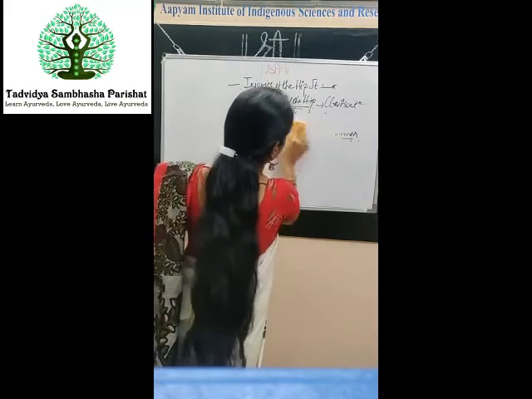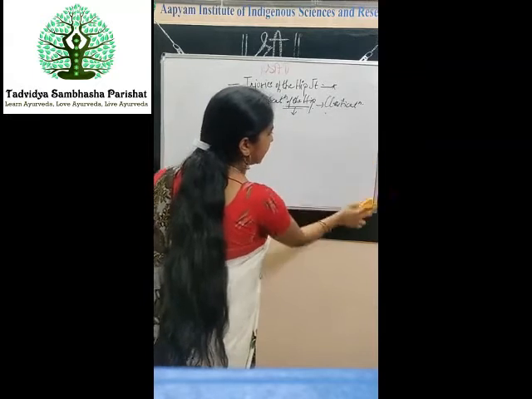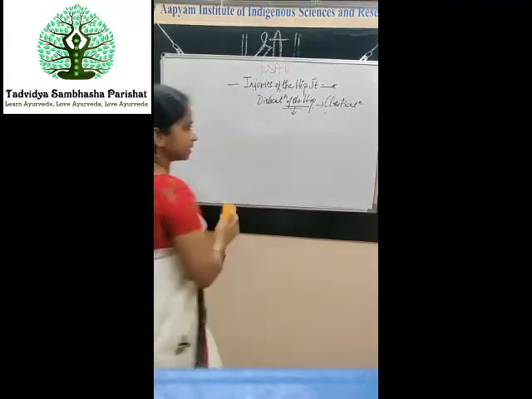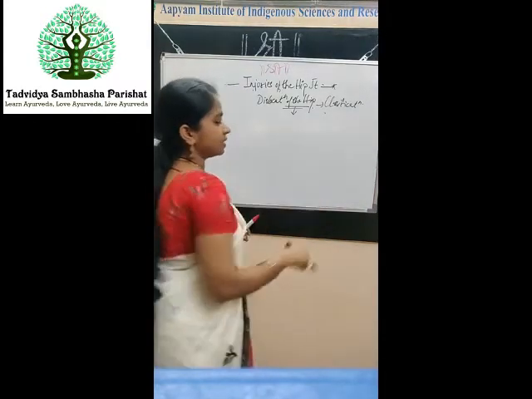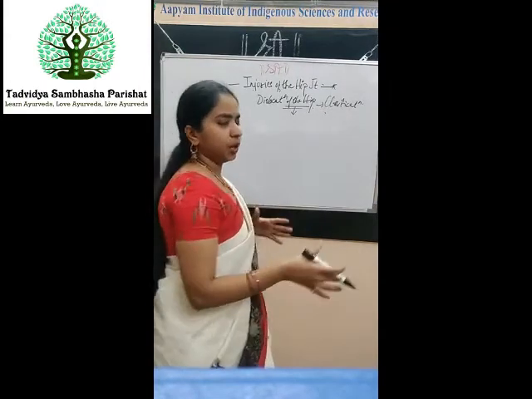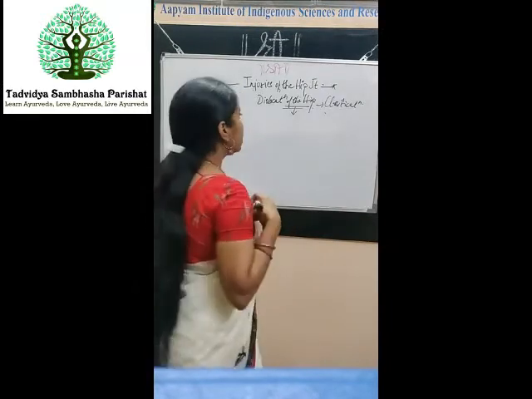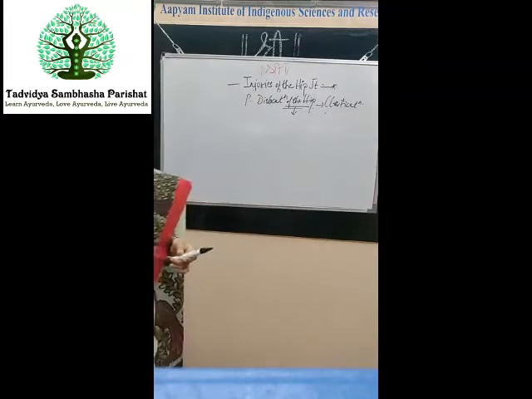We will see the posterior dislocation in a little bit of detail. For the anterior and the central fracture dislocation, a little amount of knowledge is sufficient, because the signs and symptoms and almost all the complications remain the same. Only the pathoanatomy of them varies. So first we start with posterior dislocation of the hip joint.